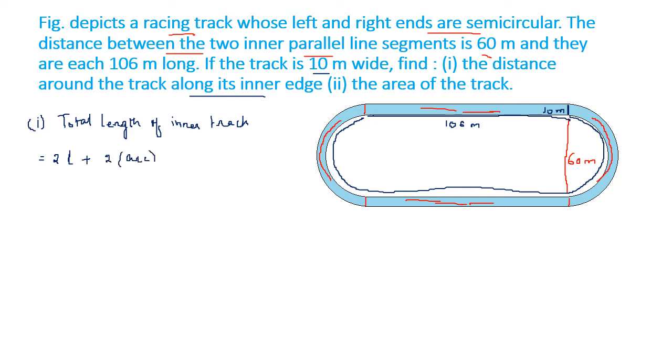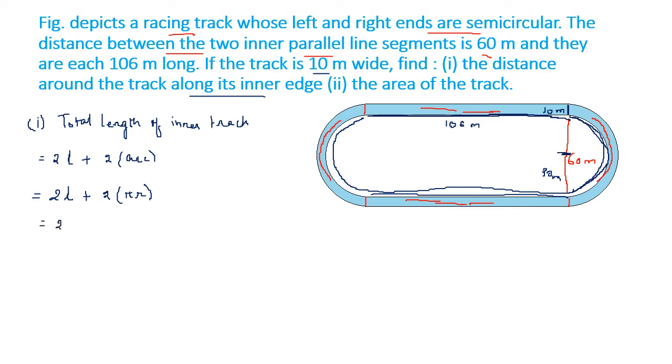So to find this length total and length of this arc. So this is semicircular, so this will be the radius. This is 60, so the radius will be 30 meter. So we have 2 into L plus 2 into pi r, because semicircle is pi r.